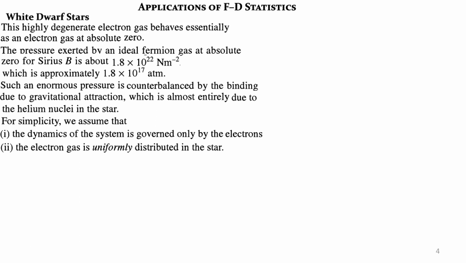And the second assumption is that the electron gas is uniformly distributed in the star. So the electron density is uniform. It's not non-uniform, though actually it may not be the case. So any deviation of experimental observations from the theoretical results which we are going to obtain here may be attributed to the incompleteness of these assumptions, right?